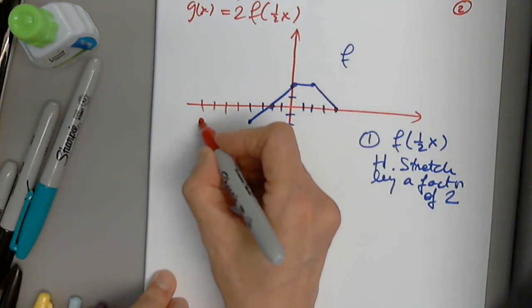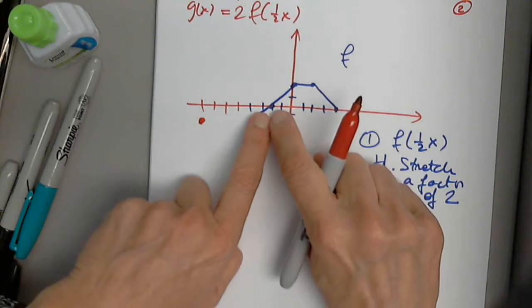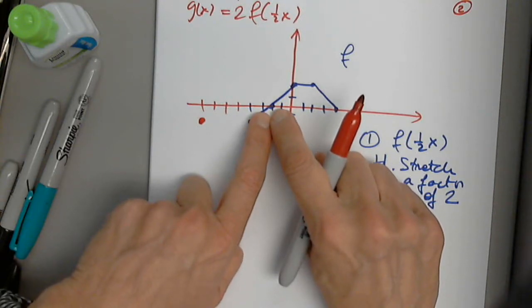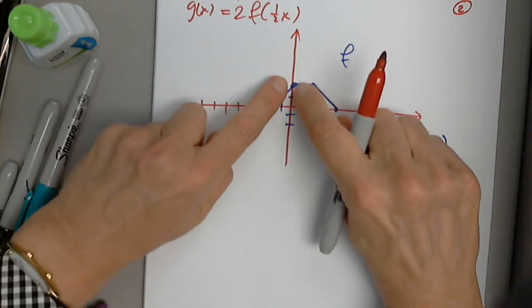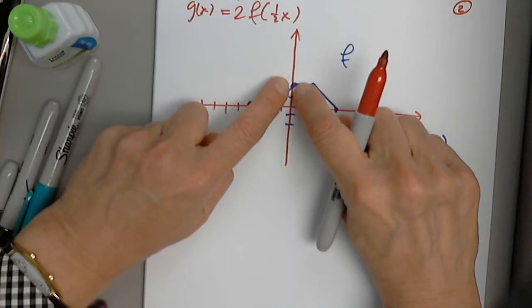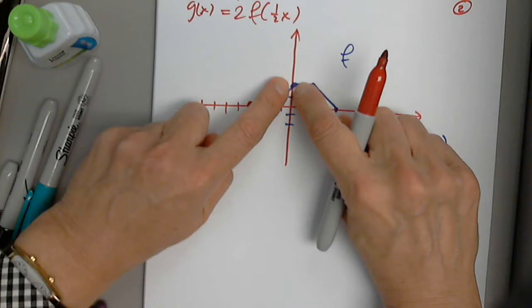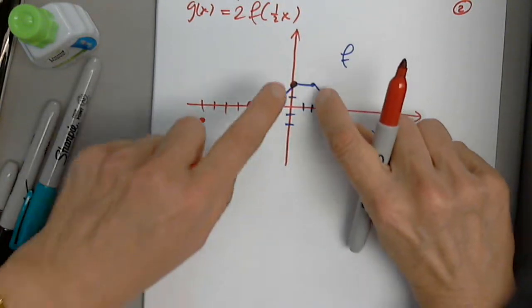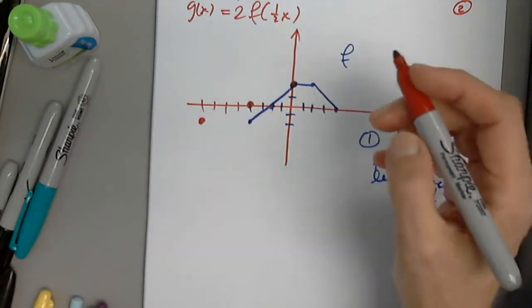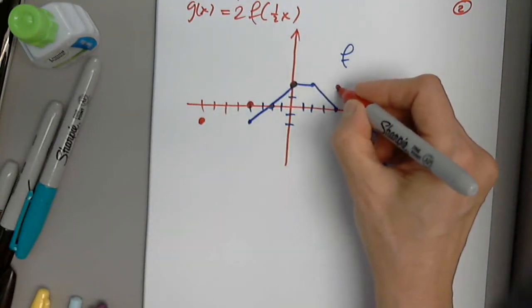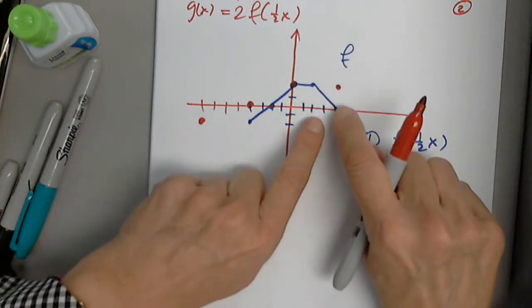At -8. Good. This point is at -2. Where will it go? This point is at x equals 0. Where will it go? This point is at x equals 2. Where will it go? This one is at 4.